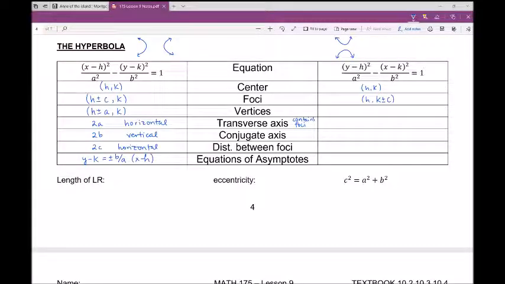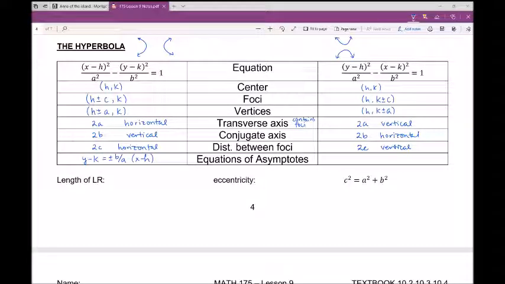The vertices are similar, so we get (h, k plus or minus a). The transverse axis will be of length 2a in the vertical direction. The conjugate axis will be of length 2b in the horizontal direction. And the distance between your foci points will be 2c in the vertical direction.